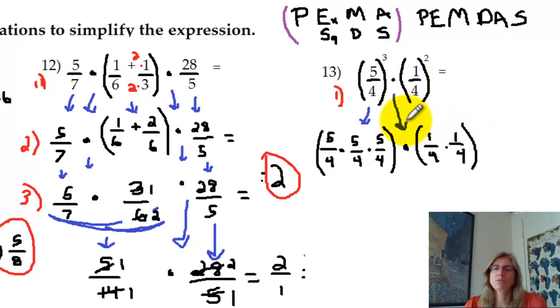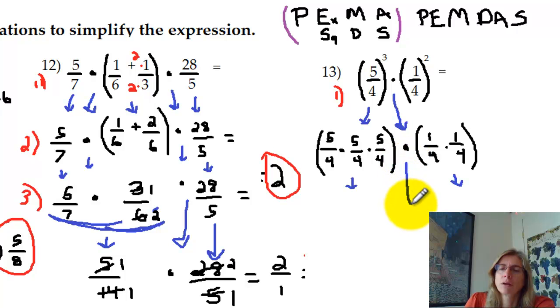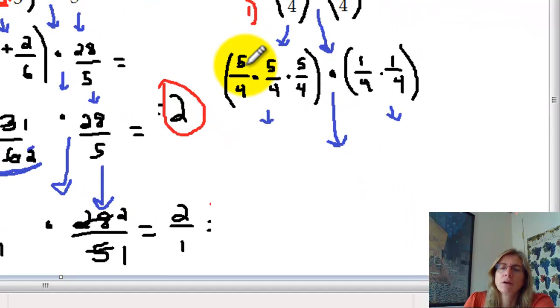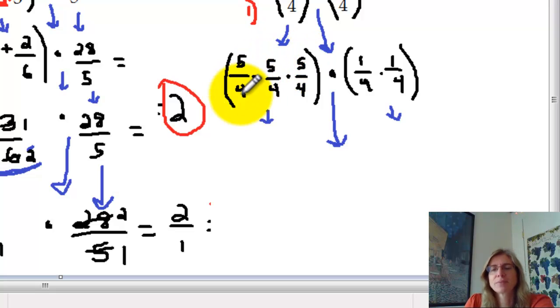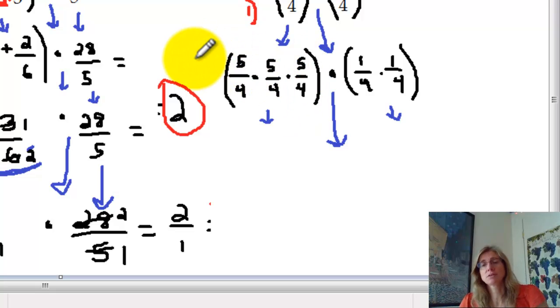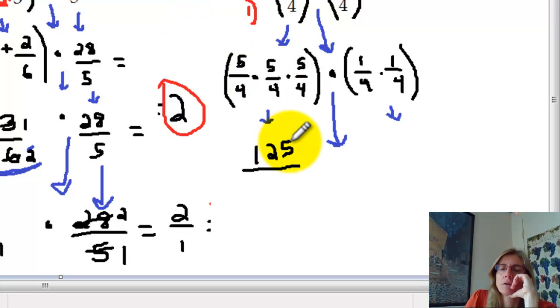Okay, so expanding what should be in the parentheses, then you work in the parentheses first, and we can do that at the same time, bringing down a multiplication sign. So 5 times 5 times 5. That's fun, isn't it? And there's no way to cross cancel to make it easier, because we looked at 5 times 5, which is 25, and then 25 times 5, which is 125.